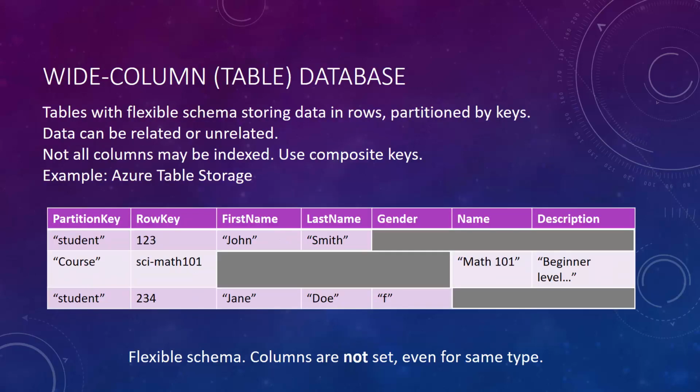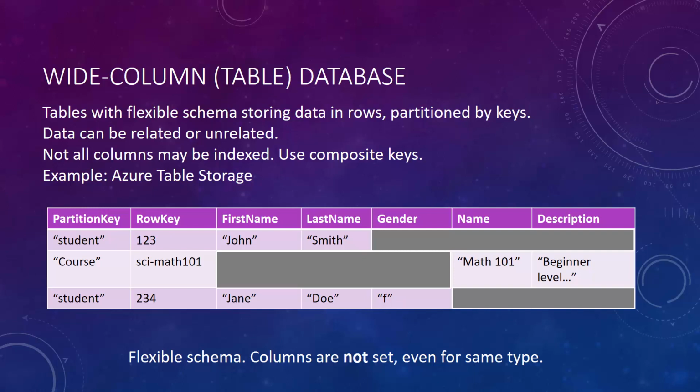The next database example type is the wide column database, and sometimes they're referred to as tables. Now, even though it looks like a table, please do not confuse it with a relational database table, because they really have nothing to do with each other. But for visualization purposes, it's quite useful to think of these types of databases as tables.